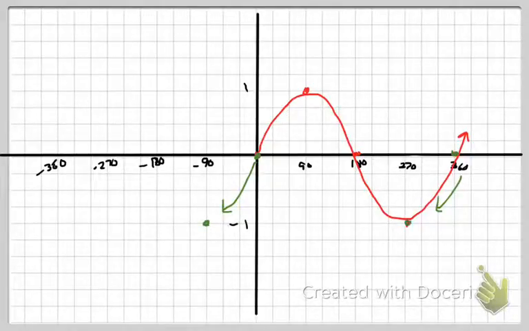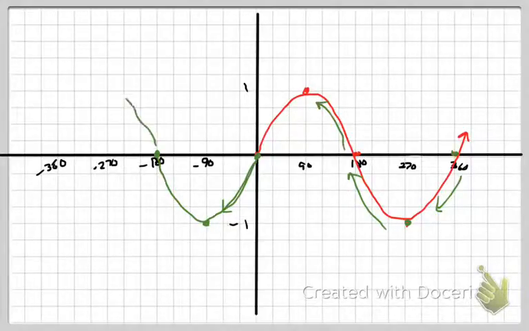Now we just did this point right here, so we're going to go back up, and as we go back up, we are going to go up to 180, 0. Then we continue along our pathway here, up to 270, 0, and then down to 0. So that's what we get. So that is sine extended in the negative direction. I'm just going to erase these.